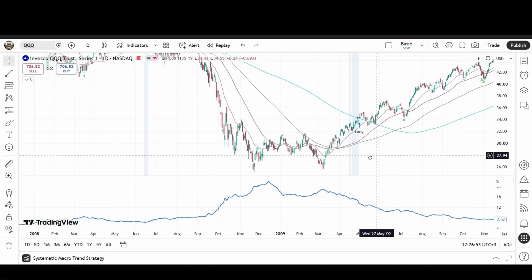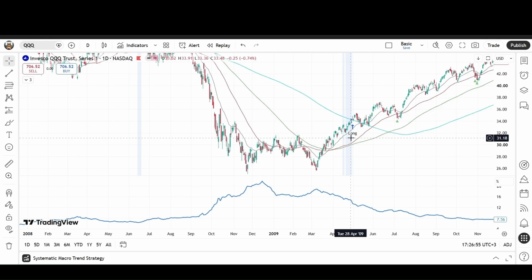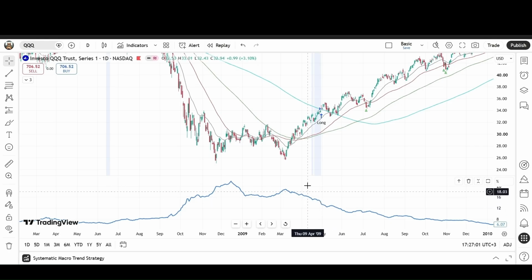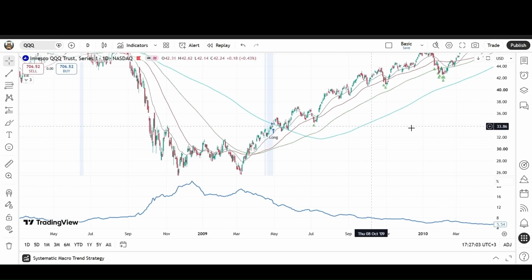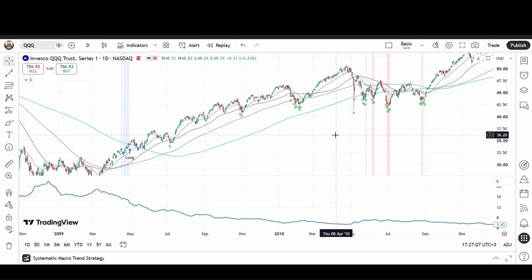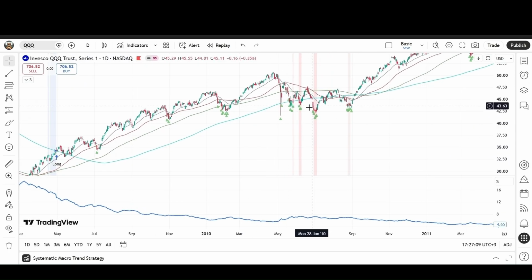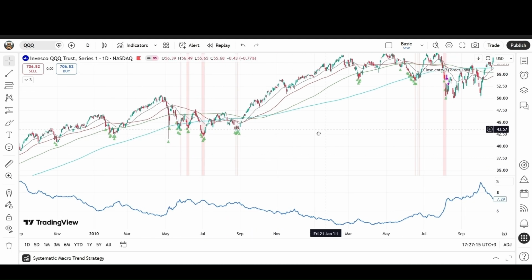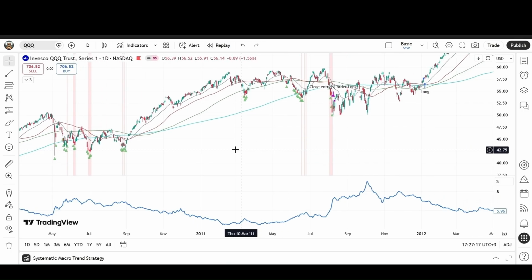This goes down until here we break above the 200 moving average, and the credit spreads are lowering, so that's where the strategy goes long, and yeah, we get some clusters of deep buying opportunities over here. Slight increases there, but not enough to trigger sell signals.